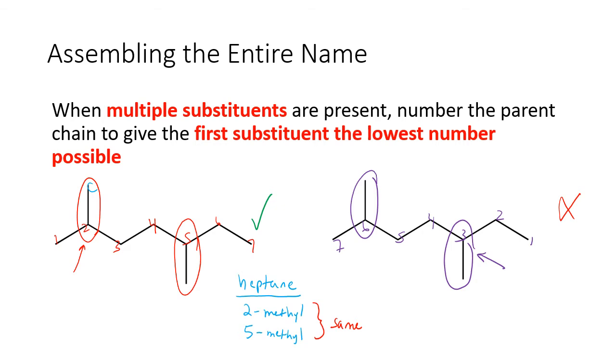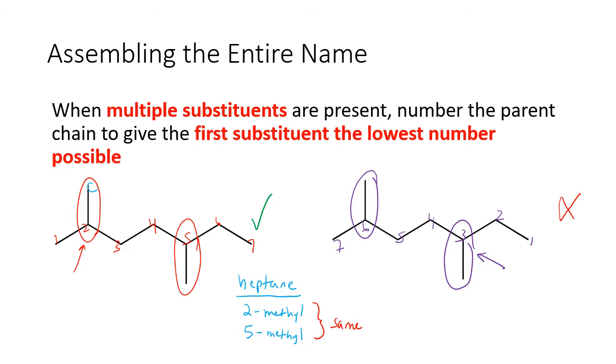And we can use Greek prefixes out front in order to indicate how many of the same group there are. So you might remember your Greek prefixes from general chemistry when you were naming compounds that were made up of 2 or more nonmetals. So we had mono, di, tri, stuff like that. So when we put together two methyl groups, they'll become a dimethyl group.